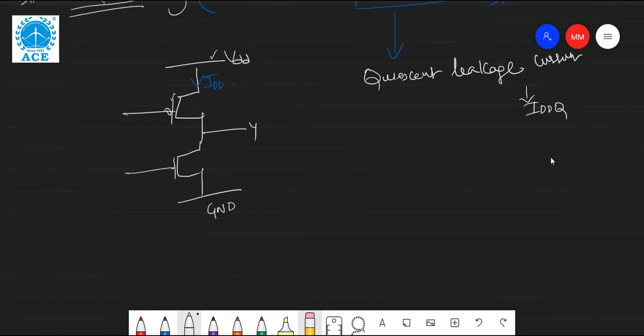Suppose I have a fault in the gate or line. Line means this is the input, for example, and here I have a fault, or this is floating, for example, meaning there is no input here.